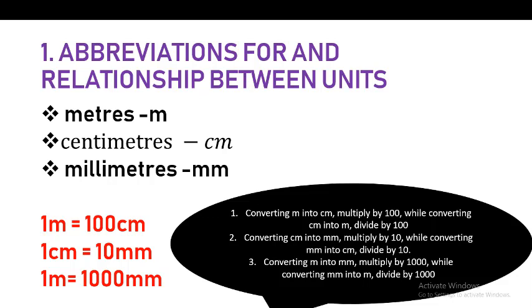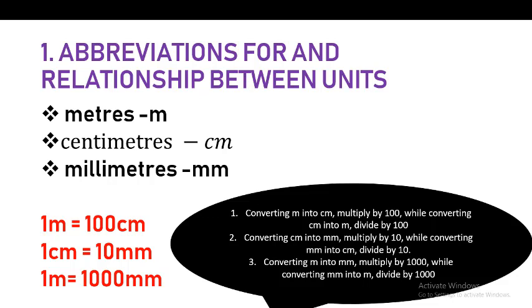Converting meter into centimeter, multiply by 100, while converting centimeter into meter, divide by 100. Why? Because 1 meter is equal to 100 centimeters.